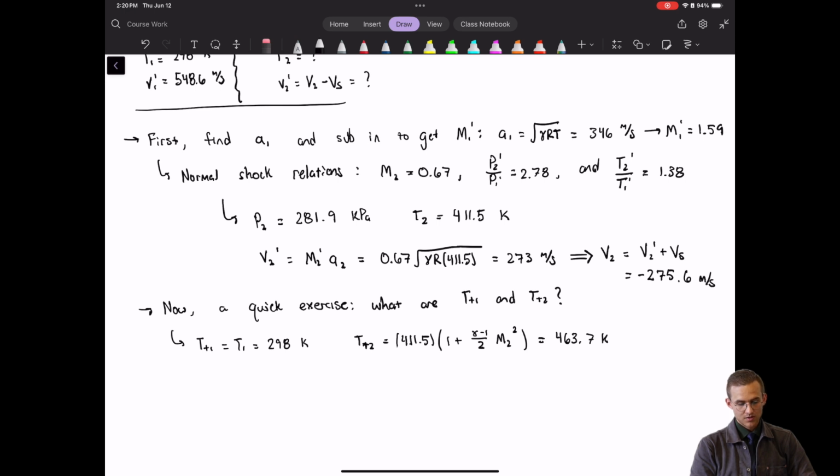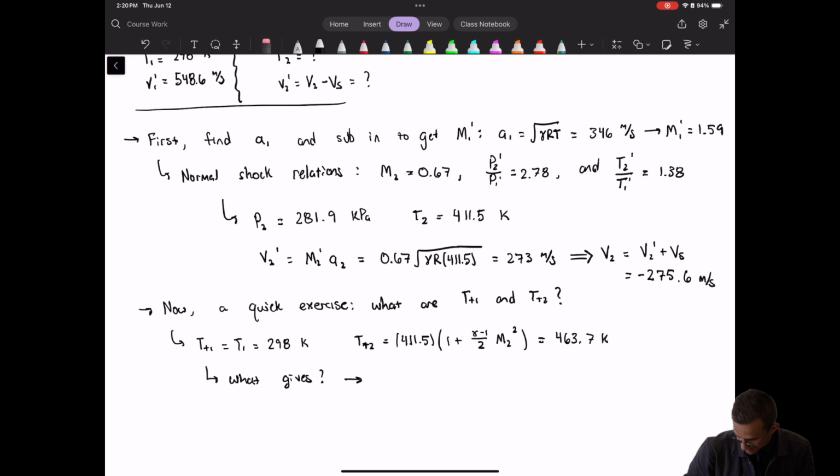And so because we use the 1D energy equation for steady flow to show that when you have Q, the heat, and work both equal to 0, that in that case you would end up with a stagnation enthalpy that was constant. That only works for steady scenarios, but the unprimed reference frame is unsteady. So sort of what gives?